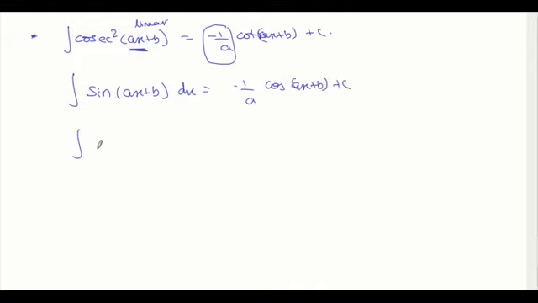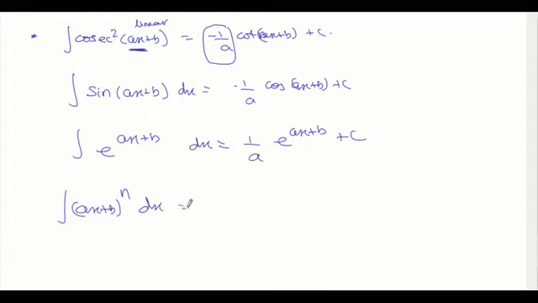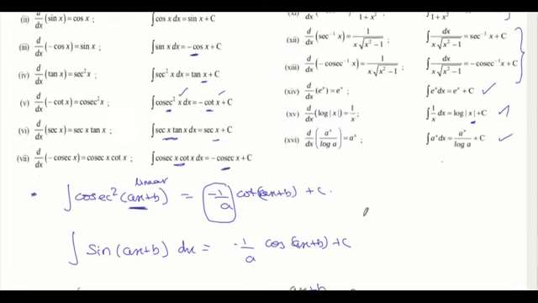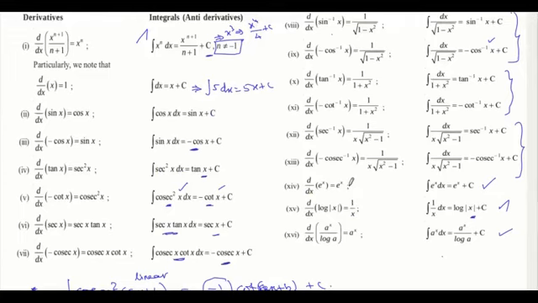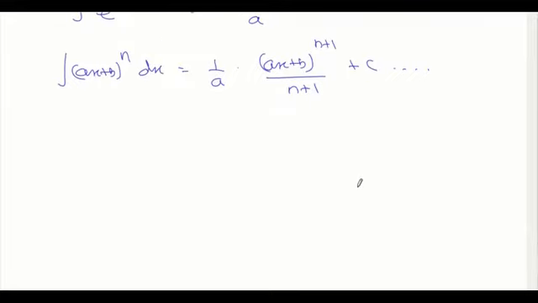The integral of e power ax plus b dx is 1 by a into e power ax plus b plus c. The integral of ax plus b whole power n dx is 1 by a into ax plus b whole power n plus 1 by n plus 1 plus c. Like this we can write for all the cases, children. Whatever we have seen, the same thing with ax plus b we can write with the 1 by a. So please do remember all these things.